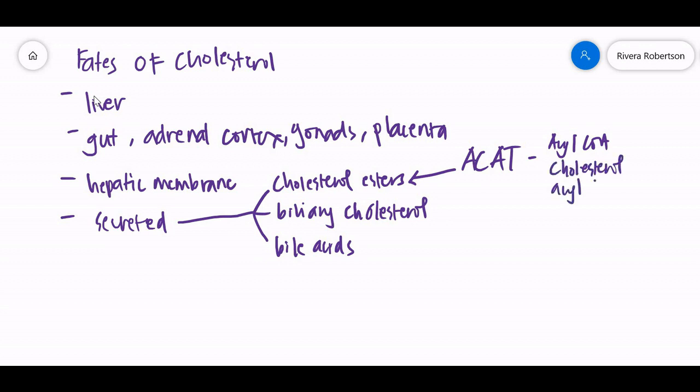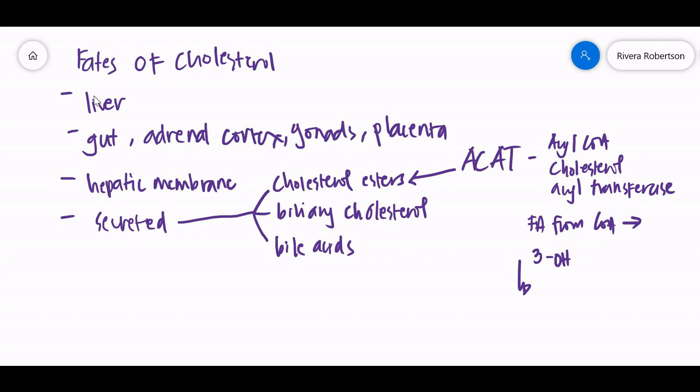From the name itself, it catalyzes the transfer of a fatty acid from coenzyme A, transferring it to the 3-hydroxyl group of cholesterol. The cholesterol esters are more lipophilic versus their free cholesterol counterpart.